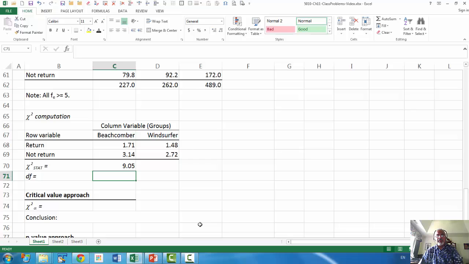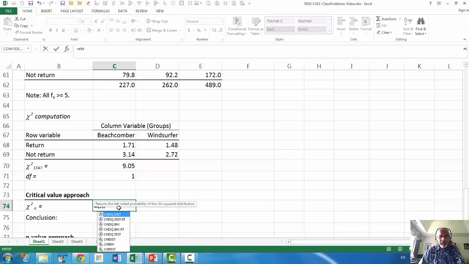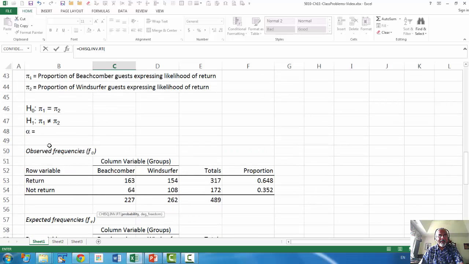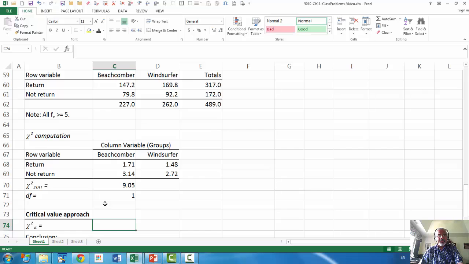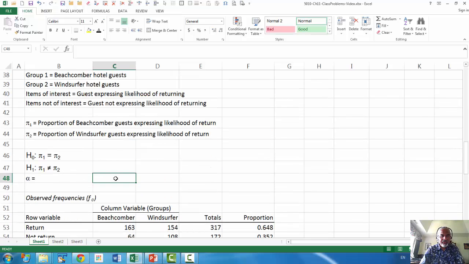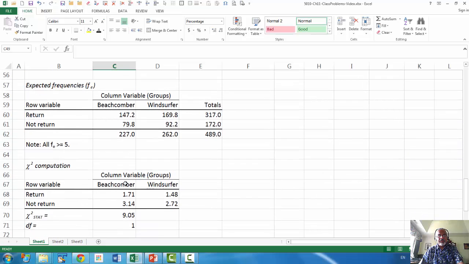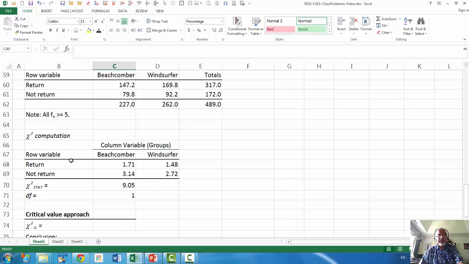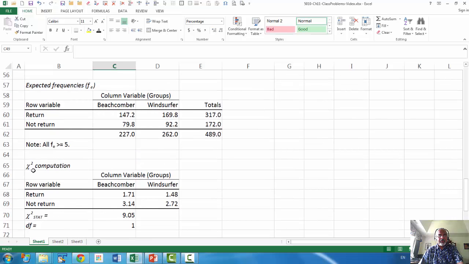Now degrees of freedom here is 1. The chi-squared critical value is CHISQ.INV.RT of alpha, and we have to specify alpha here. Let's do 5%. Then we are ready to set up the critical value. Also note that for use of chi-squared, we need to make sure that the expected frequencies are all greater than or equal to 5.